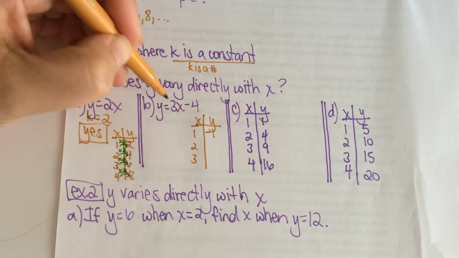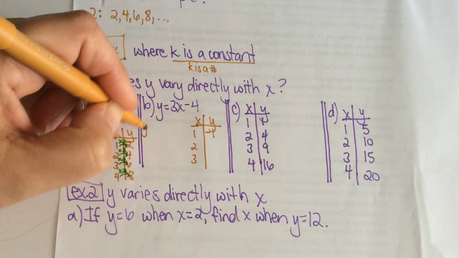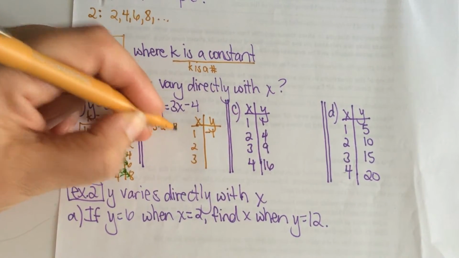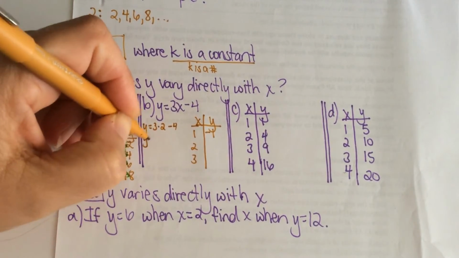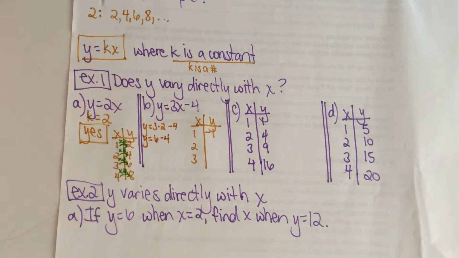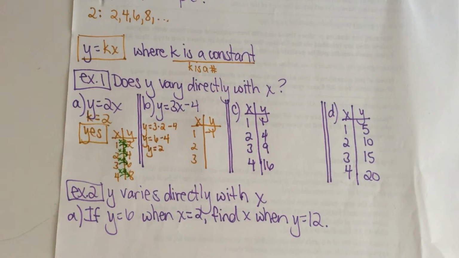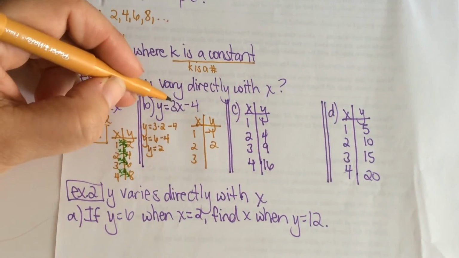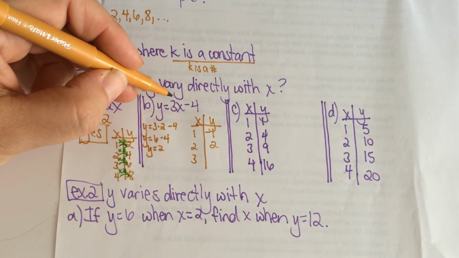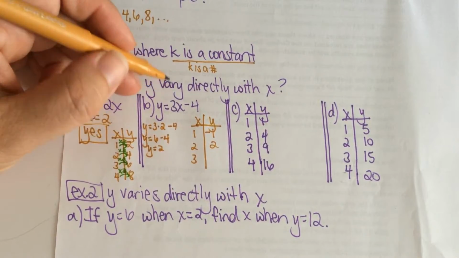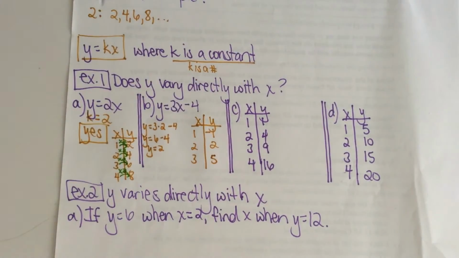I get a -1. Plugging in a 2, just in case anybody's not sure what we're doing here, we're just plugging in, and then PEMDAS tells me to do the multiplication before the subtraction, so I end up with 2, okay? And then plugging in a 3, pause me for a second, plug in the 3, and you end up with 5, right?